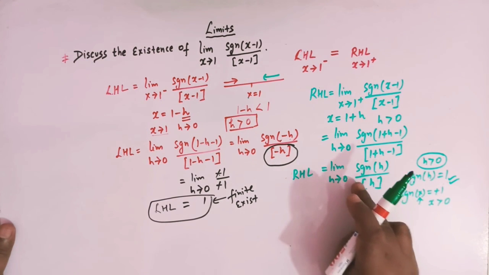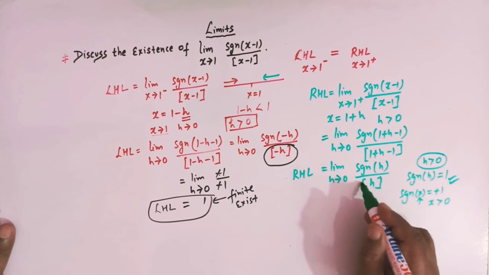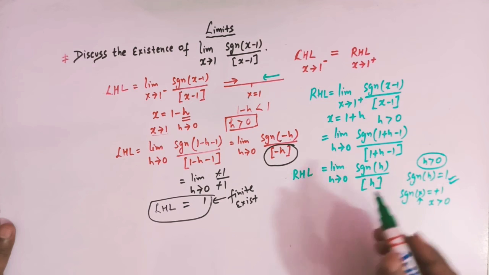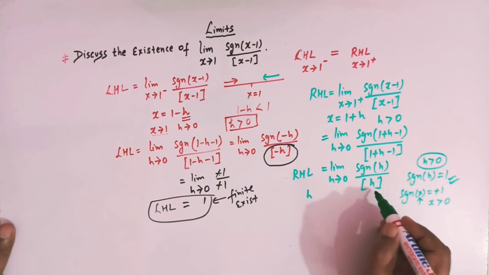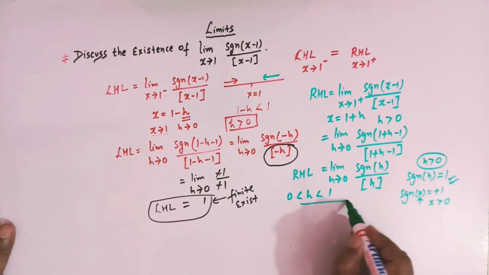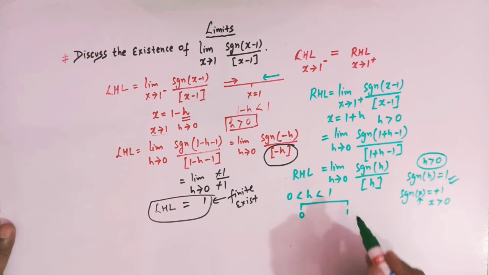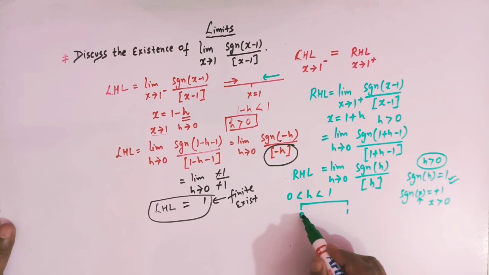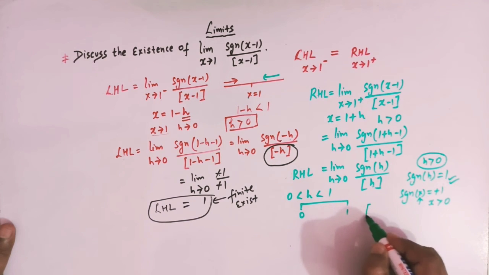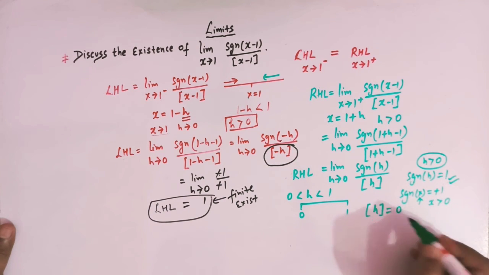Okay, so now we have to assign the value to greatest integer of h. So now we know that this h lies between 0 and 1. So see, here we have 0 and here we have 1. Now h lies between 0 and 1. So whenever h lies between 0 and 1, then by the definition of greatest integer function, the value of greatest integer of h should be equal to 0.